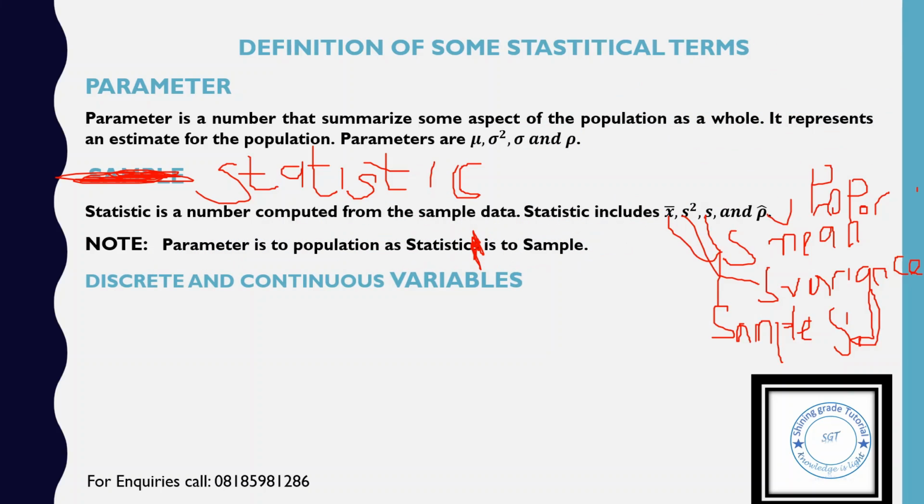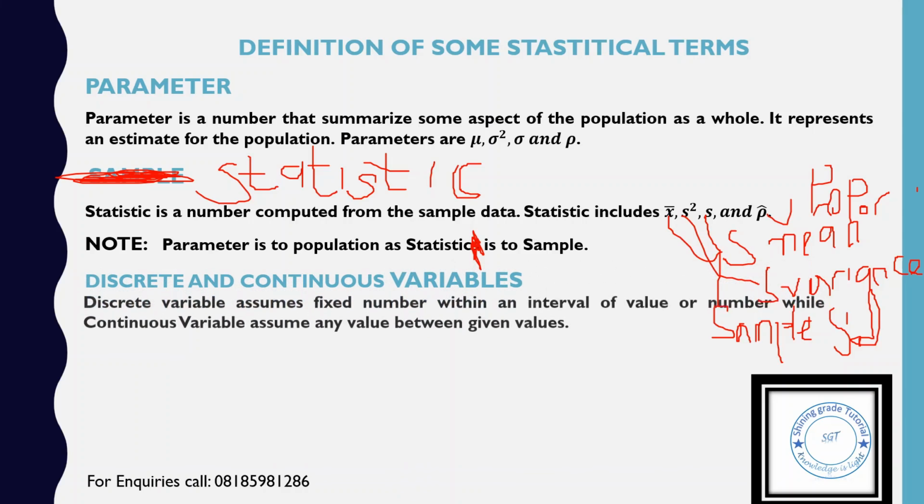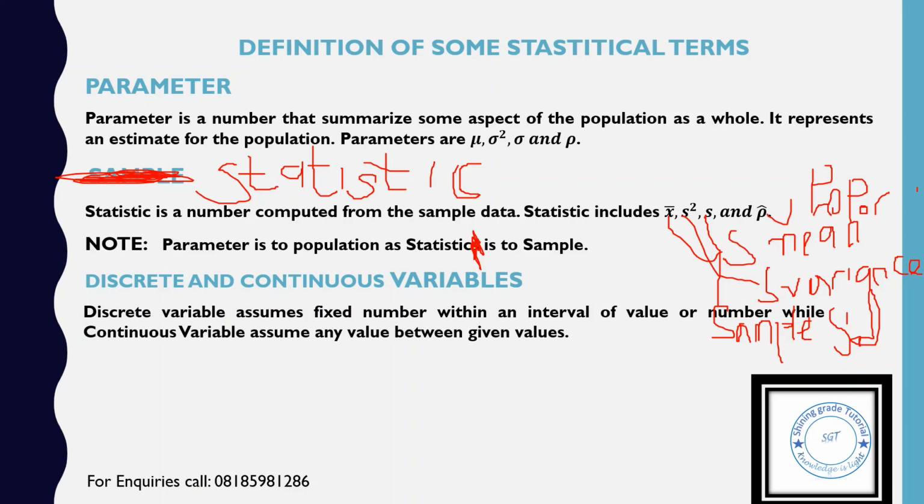Alright, so let's look at other terms: discrete and continuous variables. What are discrete variables? A discrete variable is any variable that assumes a fixed value within an interval of numbers.